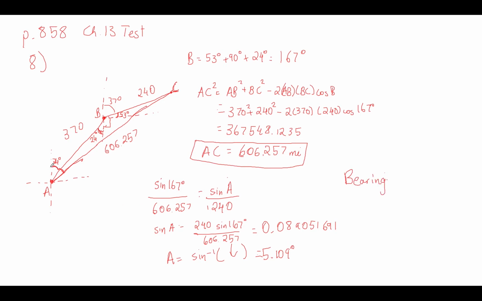My bearing is always measured from the north, so I start off with my 24 degrees, and I add in the 5.109 degrees, and I'll get 29.109 degrees as my bearing. So this is the way to solve that same problem. It's question number 8 in the chapter test, using the law of cosines and the law of sines instead of vectors.